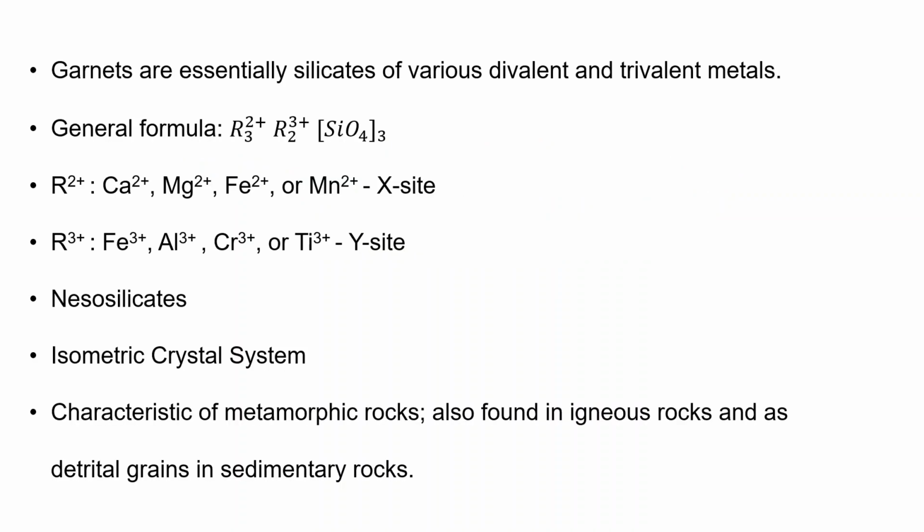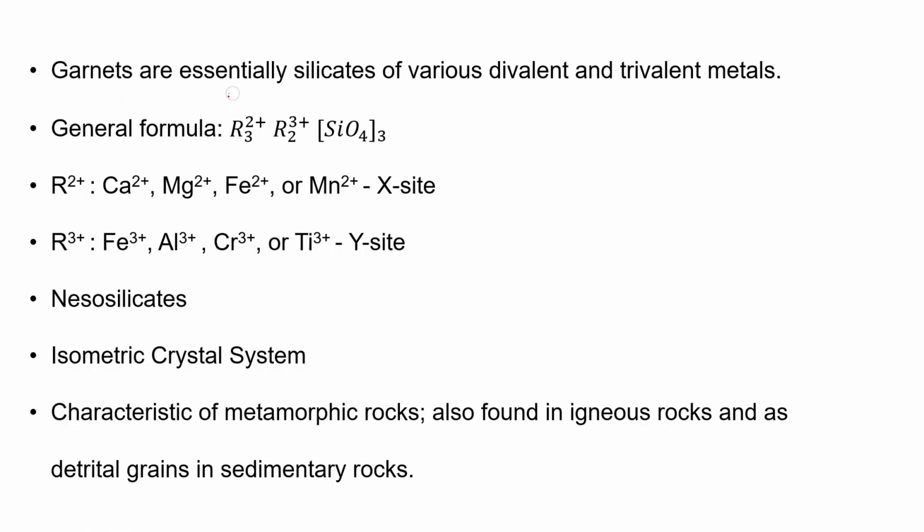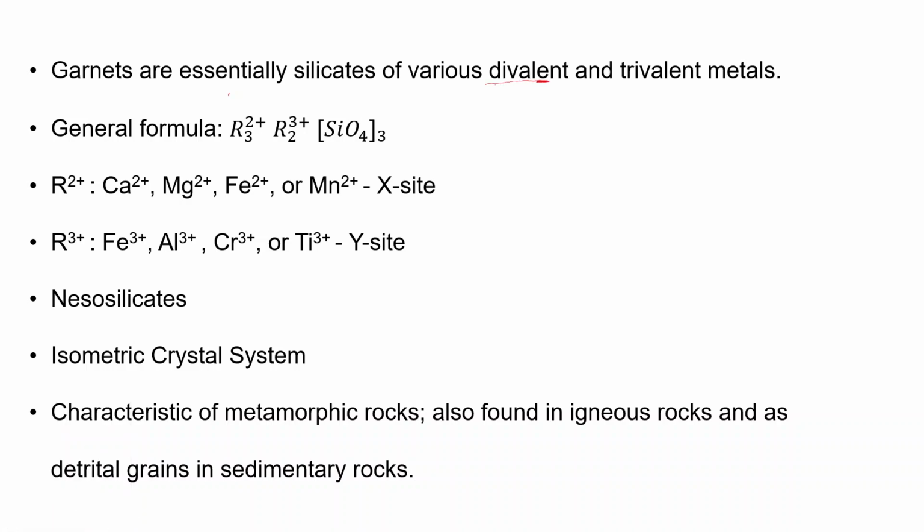So, going into some of the introductory part, garnets are essentially silicates of various divalent and trivalent metals. So when I say divalent and trivalent, I'm sure everyone here knows it.